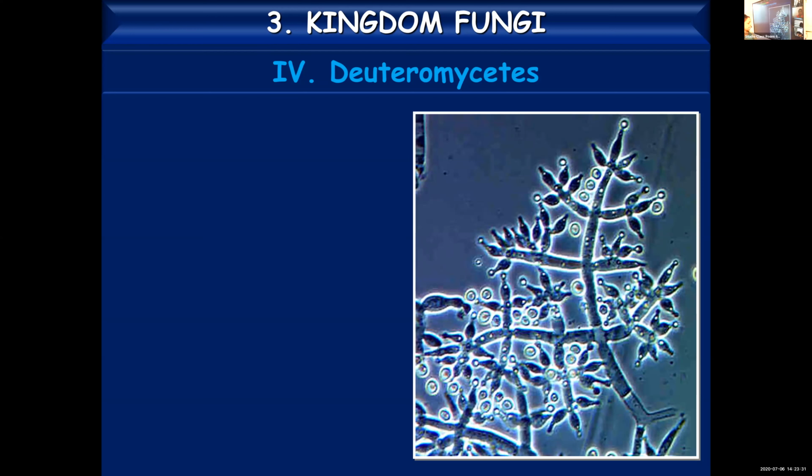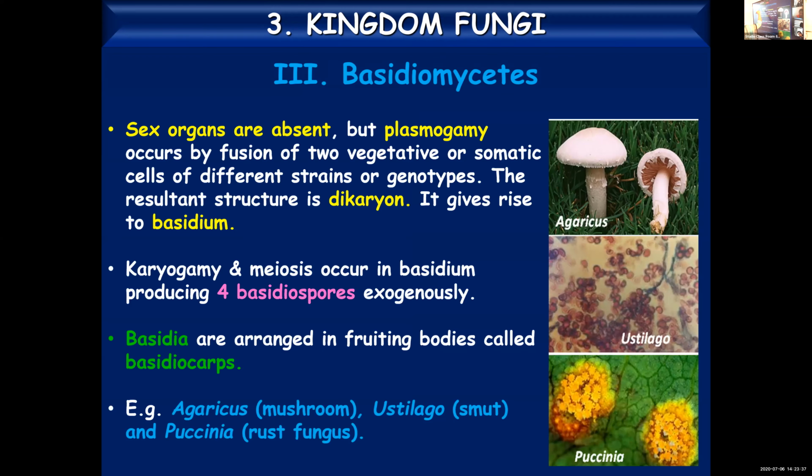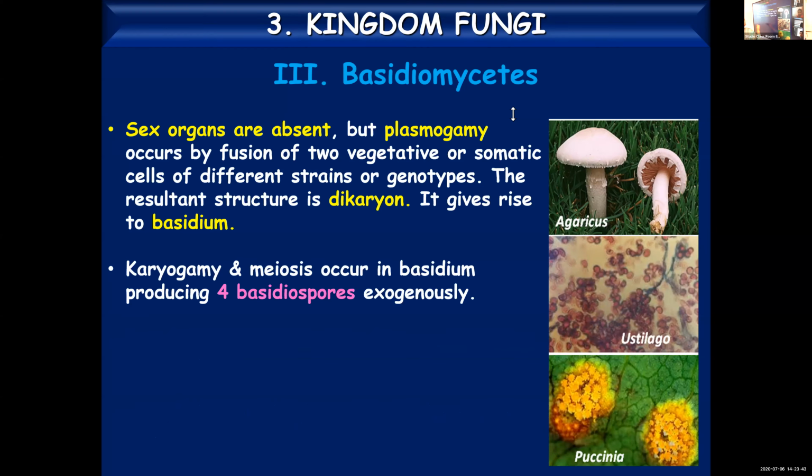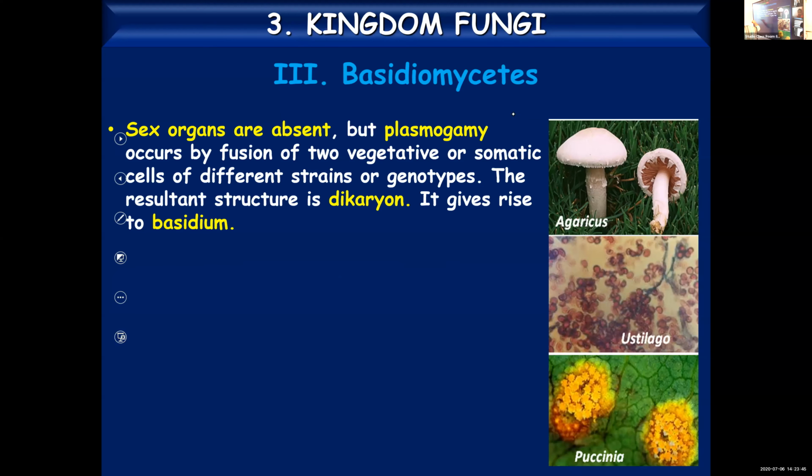And if you want to see the figure of a basidium, it looks somewhat like this. Here you can see basidiospores arranged. That is why we call it exogenous production.